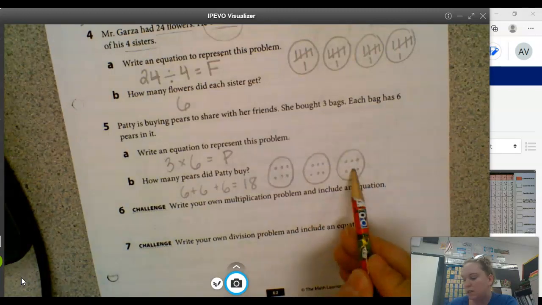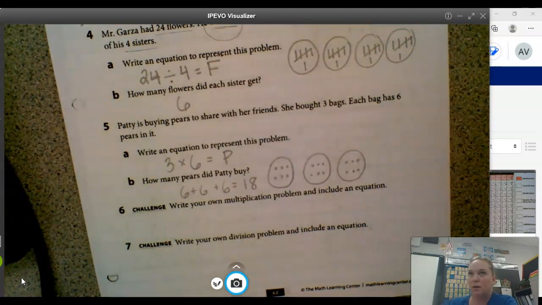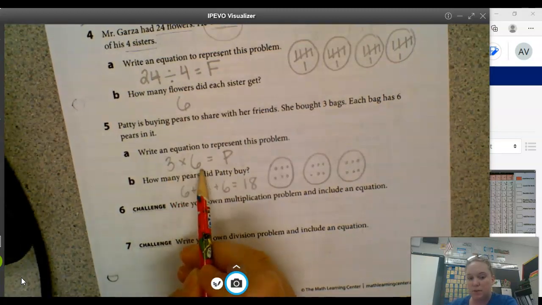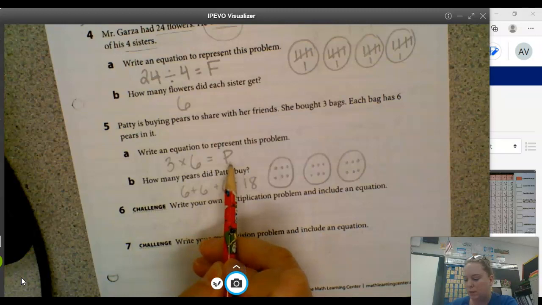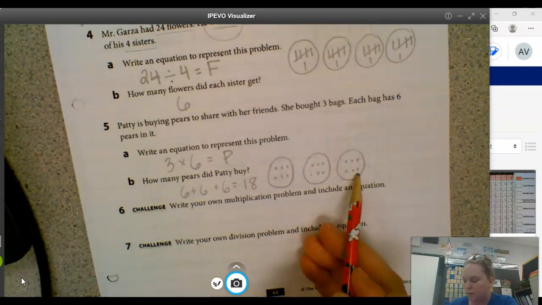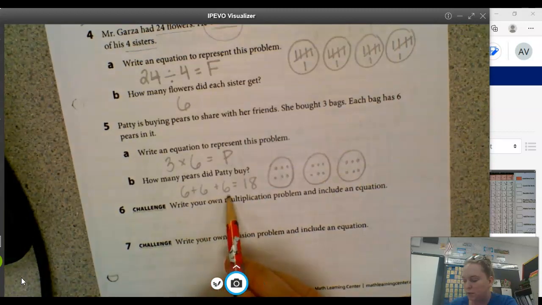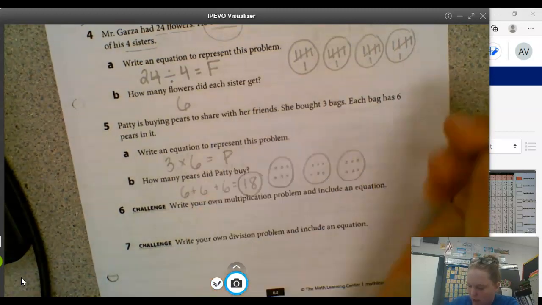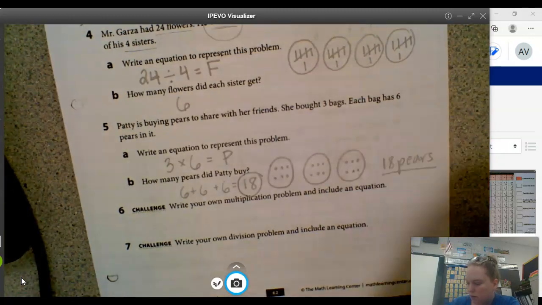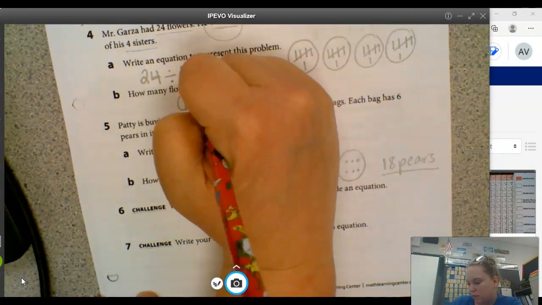There's 6 in each, so I'm repeating that number over and over again to get to the total. So that's multiplying. So 3 times 6 equals P for pear. And then I figured it out. There's 3 bags, 6 in each. 6 plus 6 plus 6 equals 18. 18 pears. And up here I should write 6 flowers.